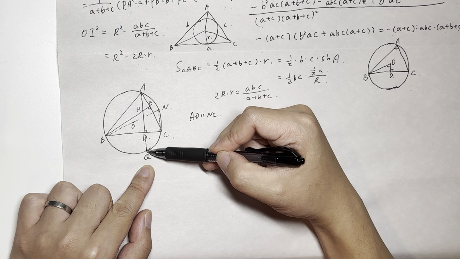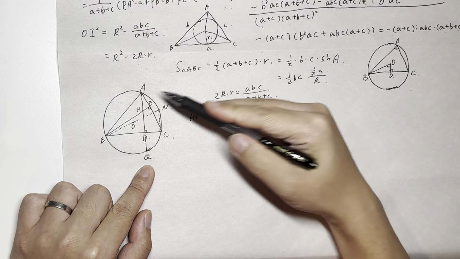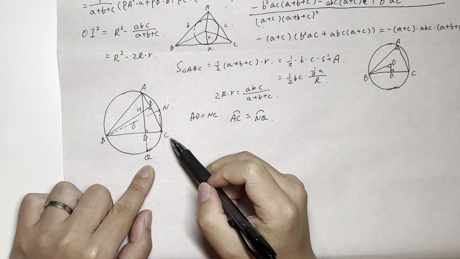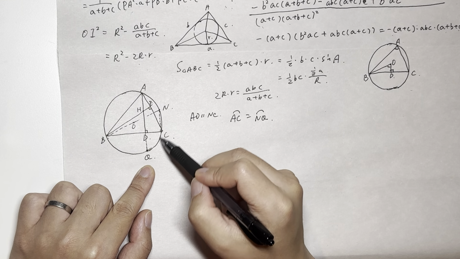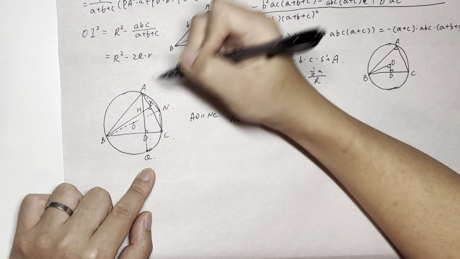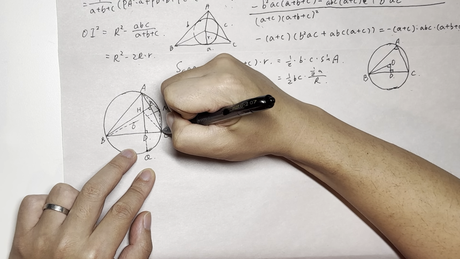Because AQ is parallel with NC, arc AC equals arc NQ. Right? AC and NQ, they're equal. Which means if we connect AN here, we connect HC here. If we look at the angle CHQ or CHD, right?